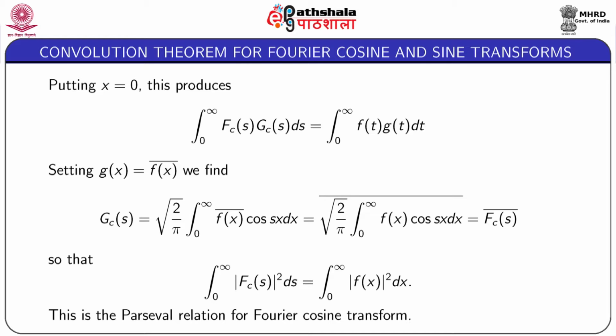So that we obtain the Fourier cosine transform of small g(x), that is capital Gcs, equal to capital Fcs bar, if we set small g(x) equal to f bar(x). So, using these results, we get the integral 0 to infinity mod Fcs squared ds equal to the integral 0 to infinity mod of small f(x) squared dx.